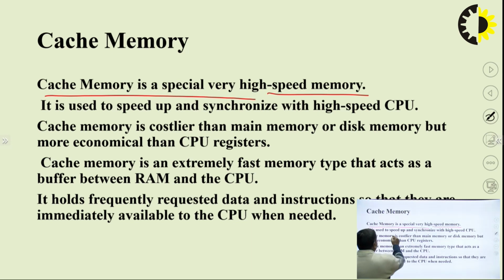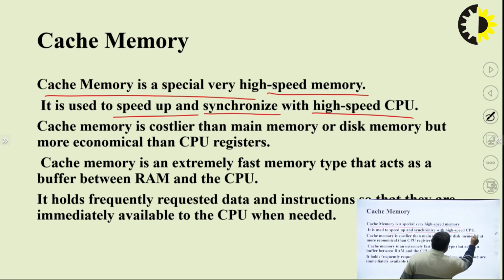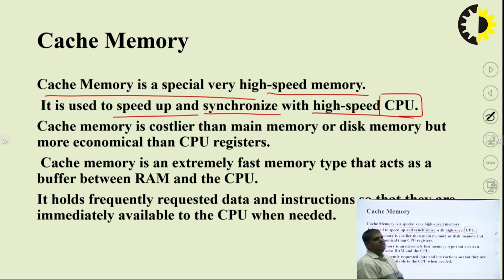It means it is synchronized with the high speed of the CPU. The cache memory is mainly used to speed up and synchronize with the CPU.